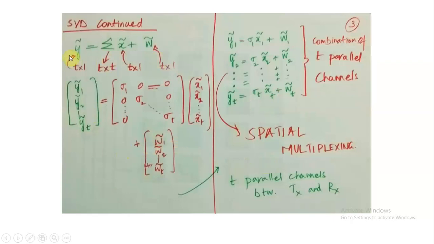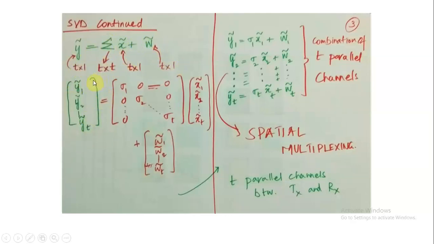So let's look into the dimensions of these matrices. Y tilde would be a T cross 1 vector. E matrix would be T cross T. X tilde would be T cross 1, the actual symbols that are transmitted, and we have a T cross 1 noise vector.